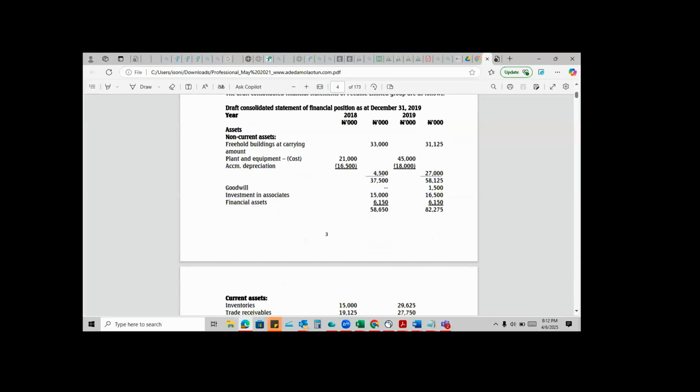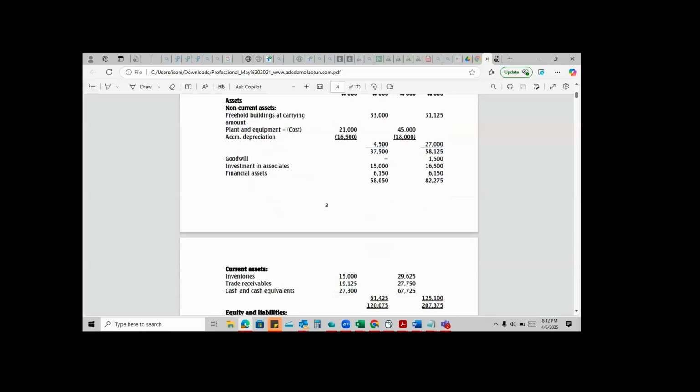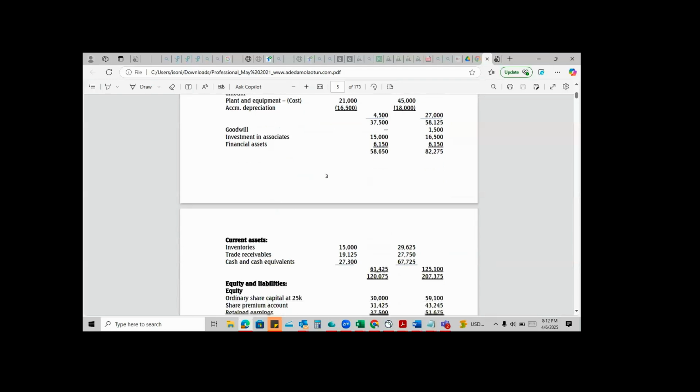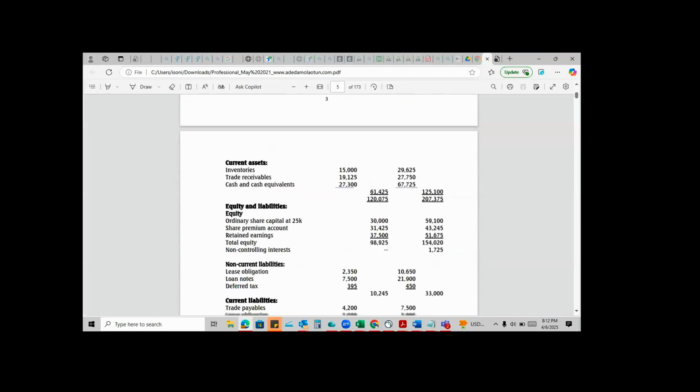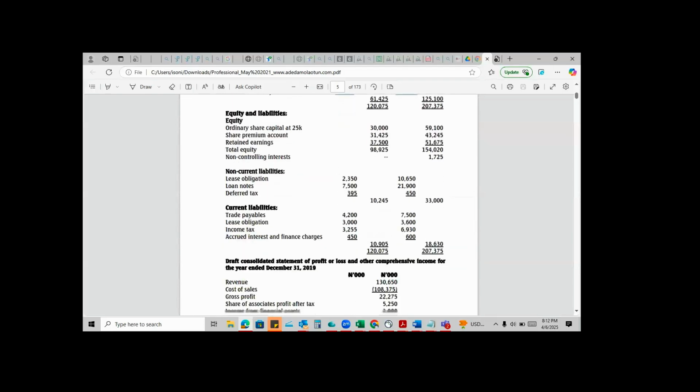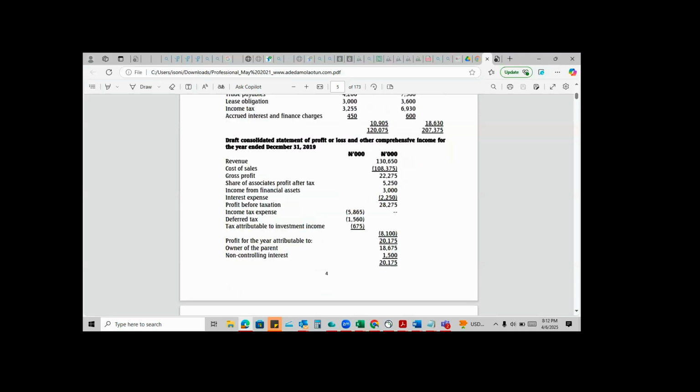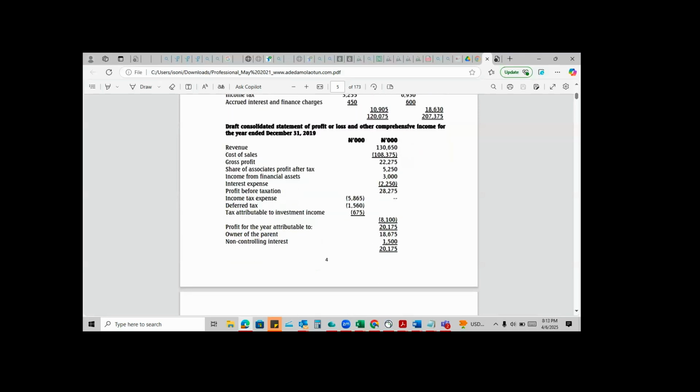Laid out are the non-current assets, current assets, the equities and liabilities. Now we also have a draft consolidated statement of profit or loss and other comprehensive income for the year ended 31st December 2019. All right. Moving on.